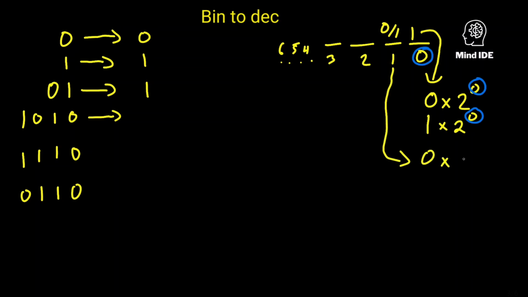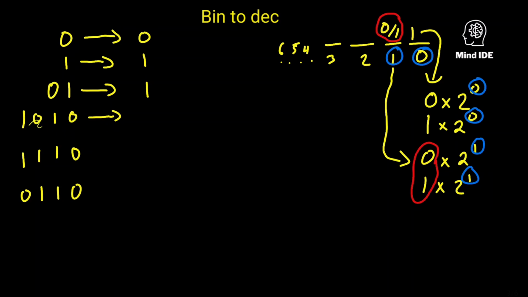So 0 times 2 to the 1, or 1 times 2 to the 1. And again, this 1 is coming from here. And you just keep continuing on and on and on. So what does that mean?